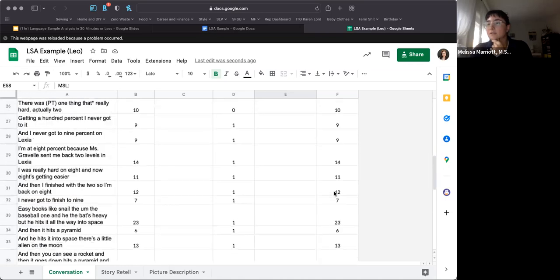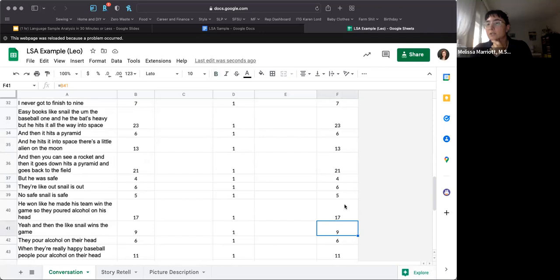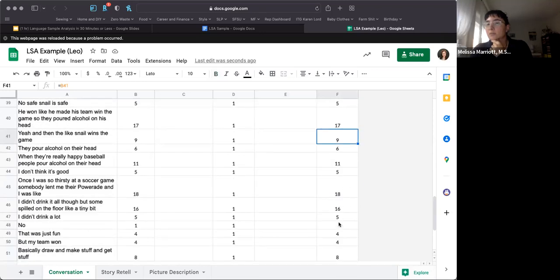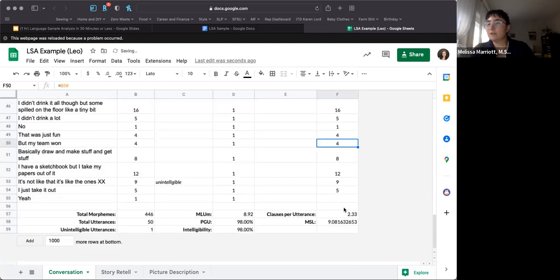I think I took these out already, but what you'll notice is that anything that was a 1, I took away. So I just deleted any morphemes that were 1s, and then it recalculates essentially MLU, but without the single morpheme utterances. And the times, well, we'll talk about it.